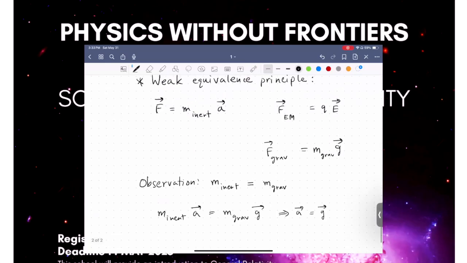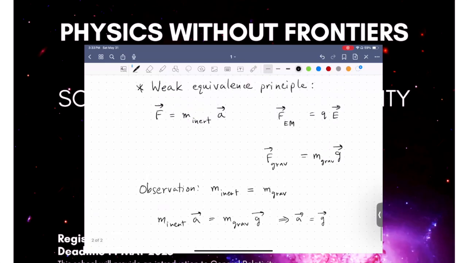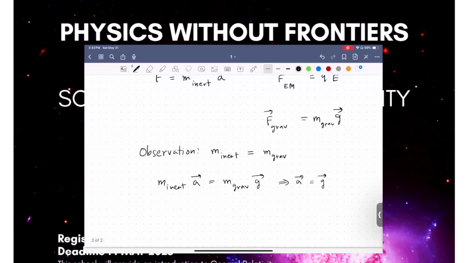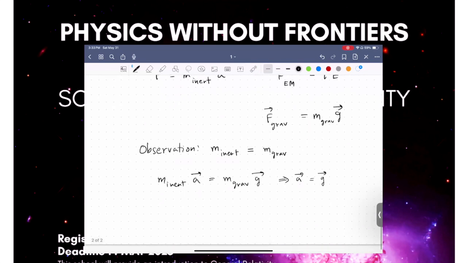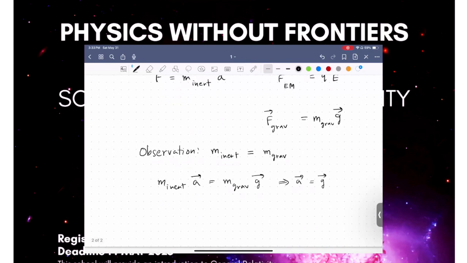And so what is the consequence of the weak equivalence principle? Basically everything falls with the same acceleration regardless of mass. So if you are falling with other objects, then you will see, relative to you, everything will seem to be floating, regardless of whether they're small or large, right?